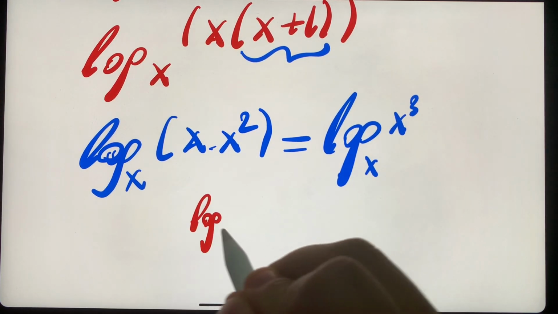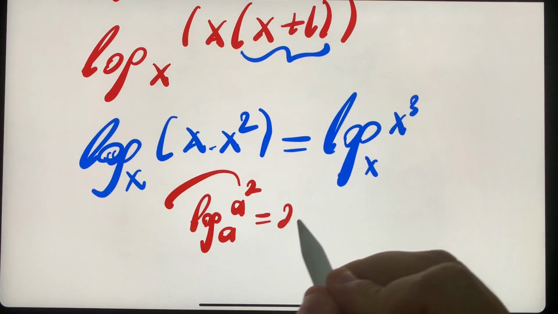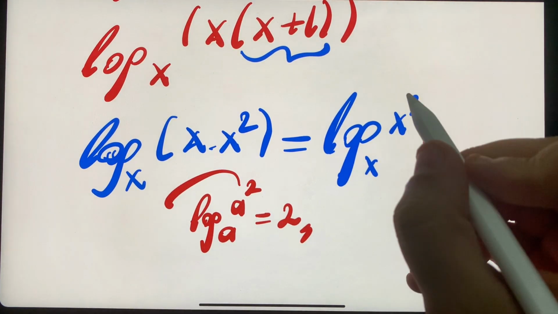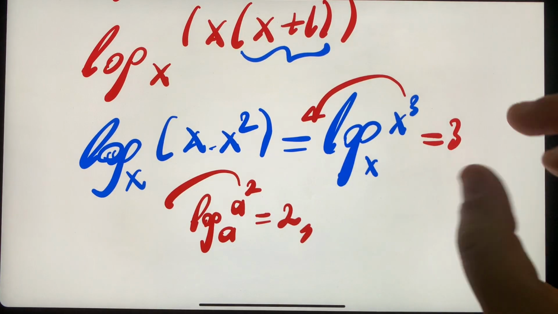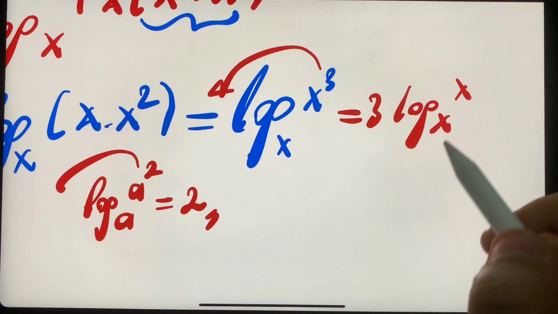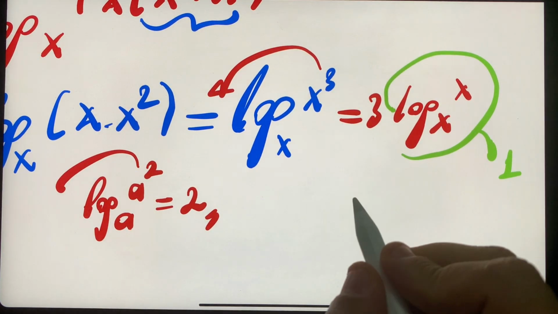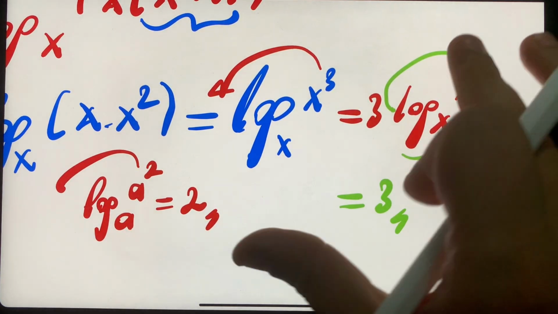Remember, logarithm had properties: the exponent falls in front as a product. So 3 times logarithm base x of x. What will this be equal to? It will be equal to 1. So our answer is 3.